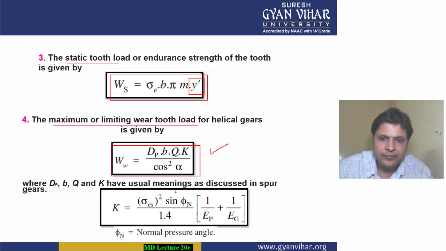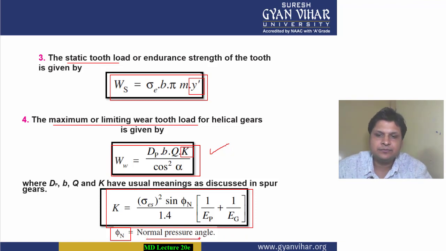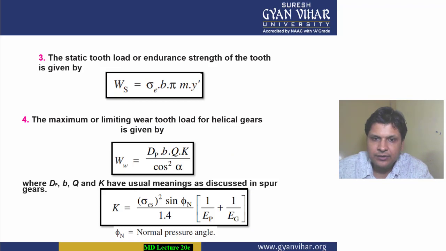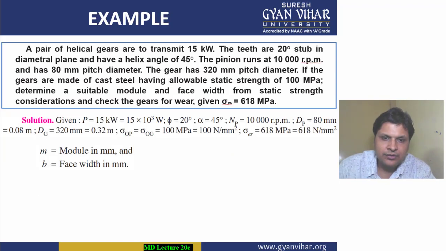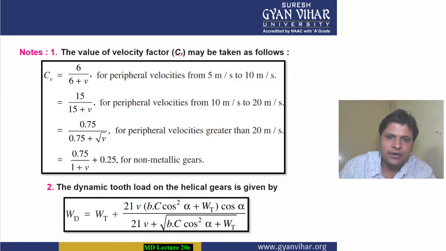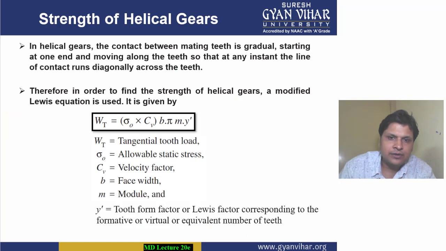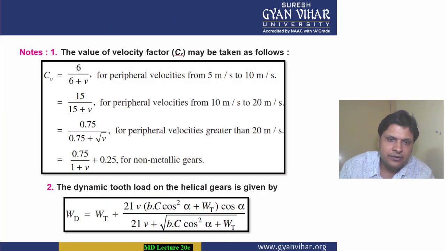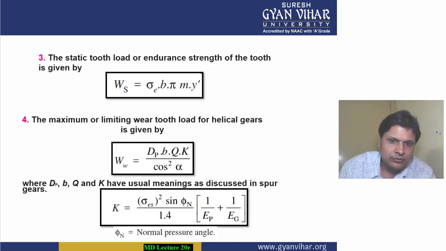Then in this formula we have a factor K. So K will be calculated by this equation, where in this equation phi n is the normal pressure angle. Moving further, students, now since we have understood the whole of the design process, first of all this is the Lewis equation, then this is the velocity factor formula, then dynamic tooth load, static tooth load, then wear tooth load. These all three we have calculated.